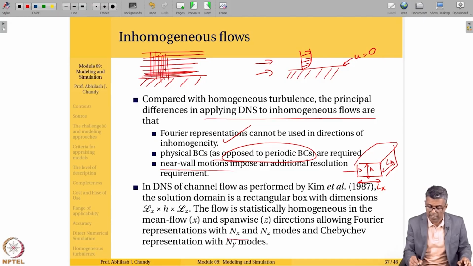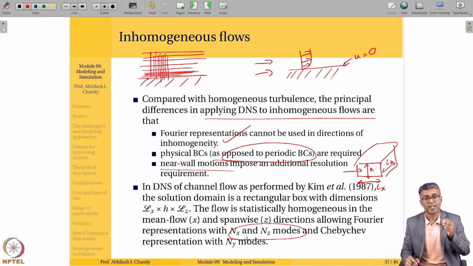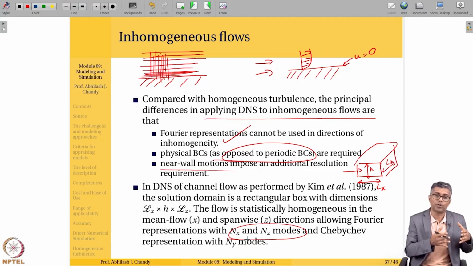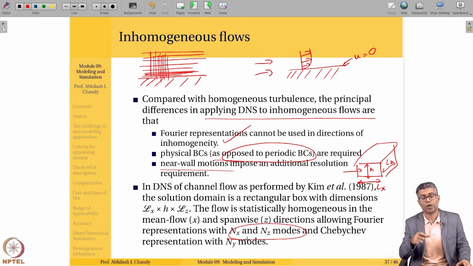So he used nx and nz modes in the Fourier representation, and he was still able to use spectral methods for the two directions. Because the wall normal direction is obviously not periodic, he had to use a Chebyshev method there. So that's an example where you can still get away with using Fourier representation in one or two directions by assuming one or two directions to be statistically homogeneous.